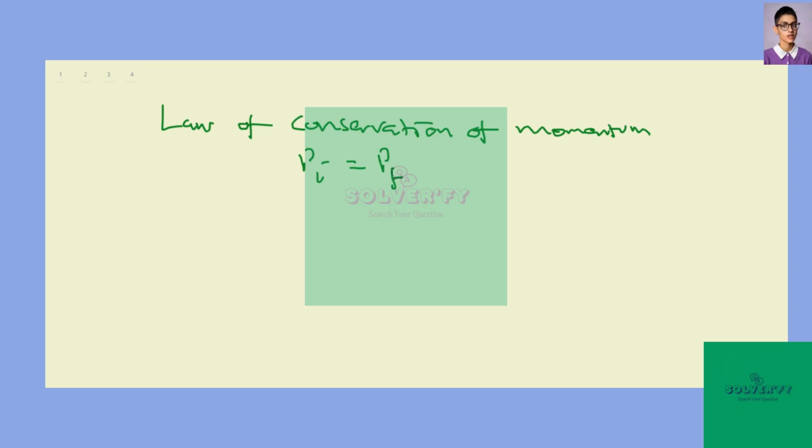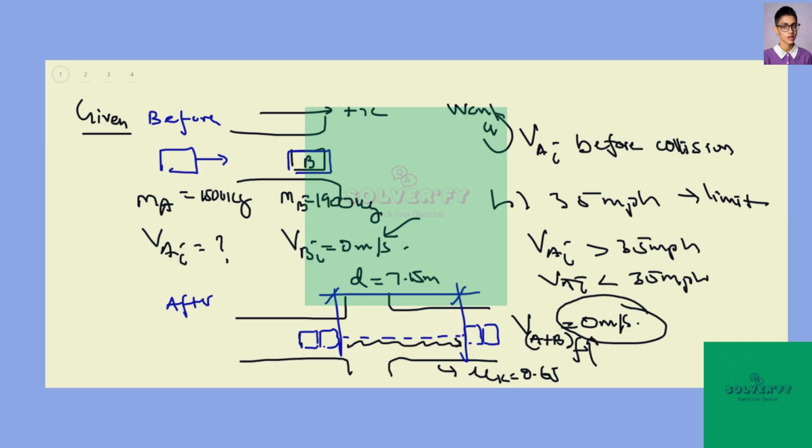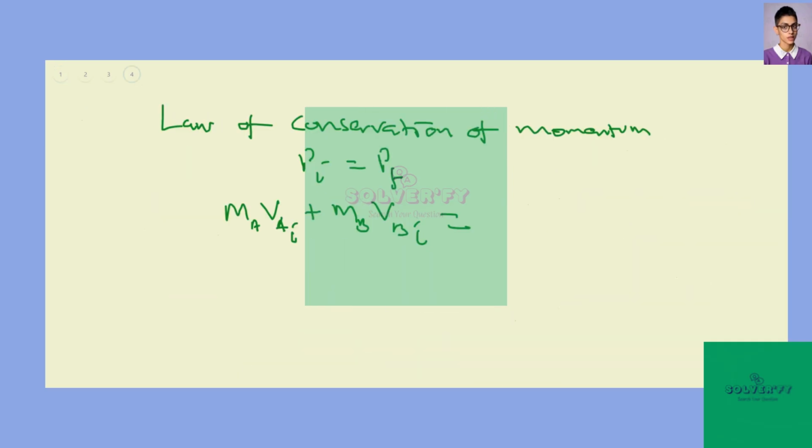Before collision, we have ma and initial velocity of a plus mb and initial velocity of b. Just so you can recall, the initial velocity of b is 0, so that means this is just going to be 0. And then we have the second part, which says ma and mb times the velocity when they stick together, which is v_a plus b initial, like that.